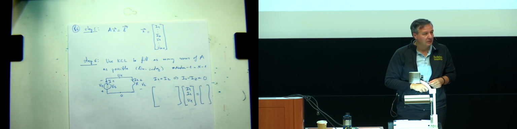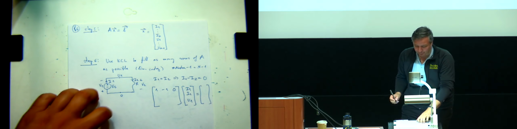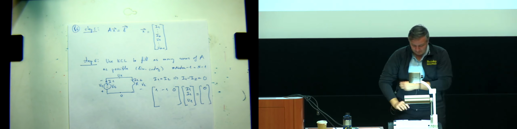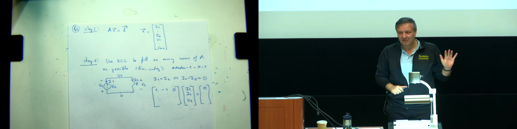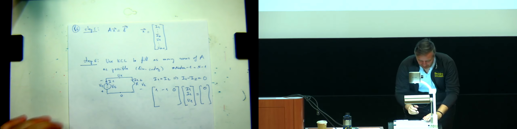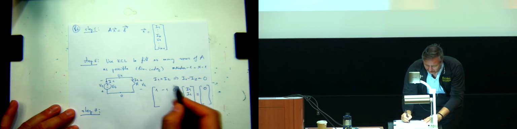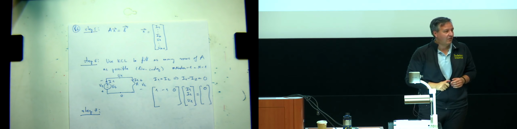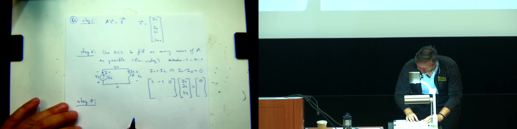Yes? 1, negative 1, 0. And then here, 0, right? Okay, this should remind you of some matrix that you did earlier. Anyone? Okay, I'll let you think a little bit about that.